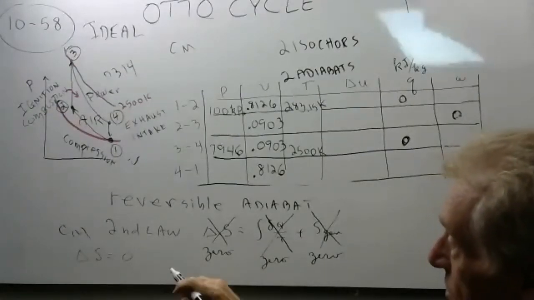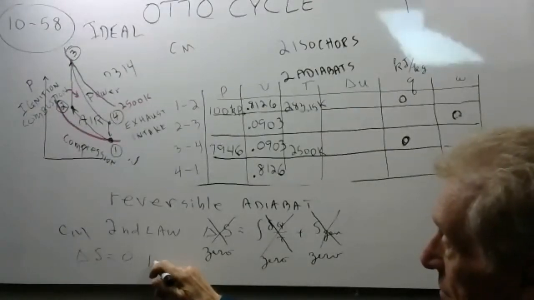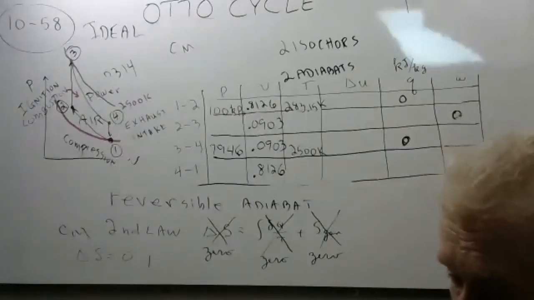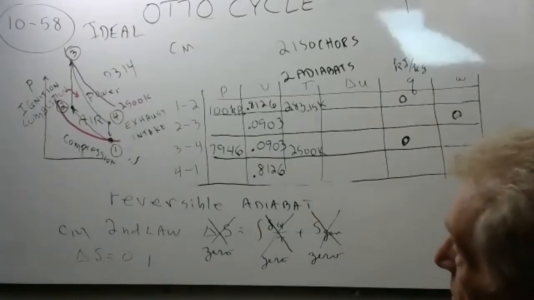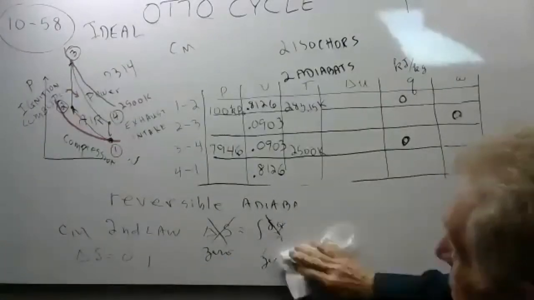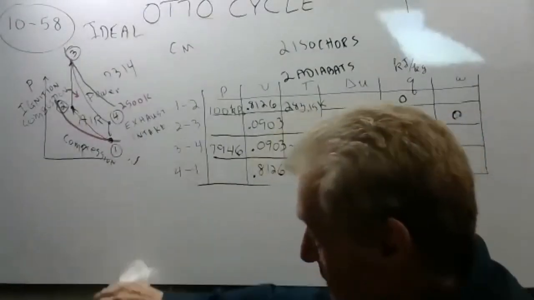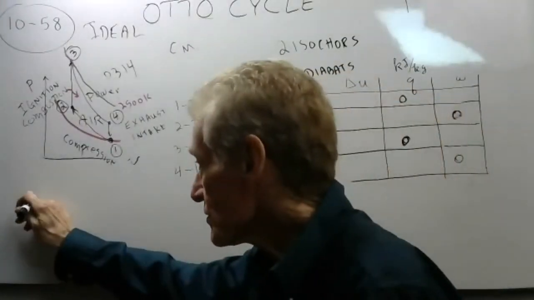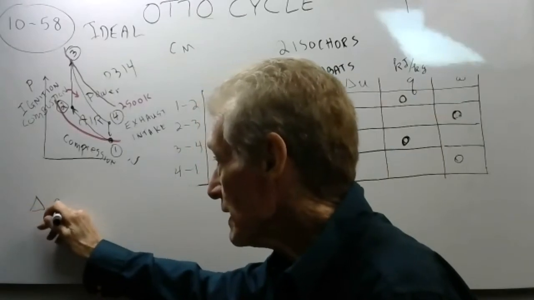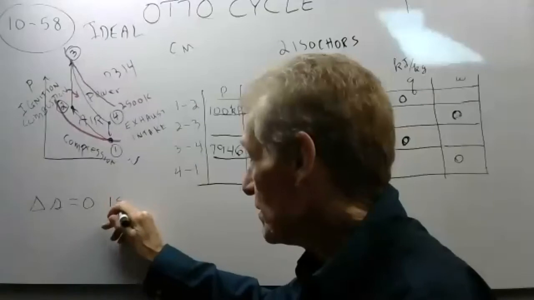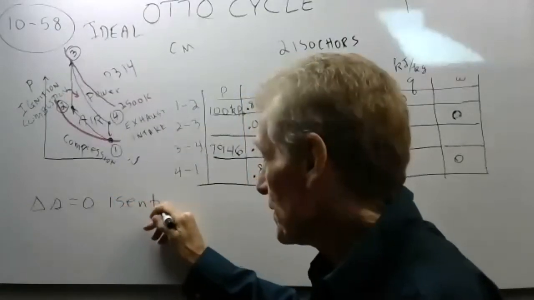That's it. It's isentropic. Here, let me just write it for you here. If delta S is 0, and delta big S, delta little s, same thing, they call it isentropic.